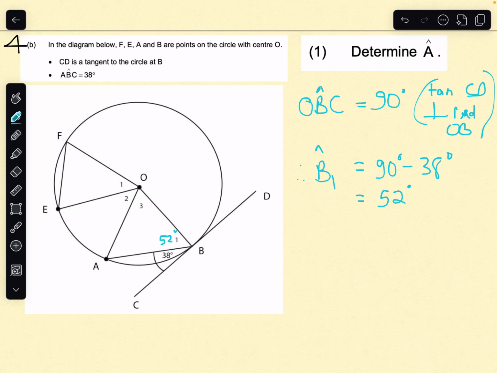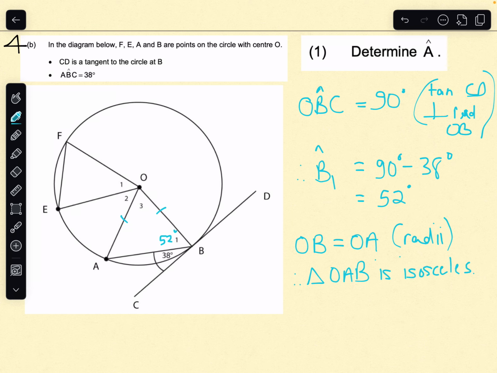And then we know that OB is equal to OA because they are both radii, right? And so therefore triangle OAB is isosceles.